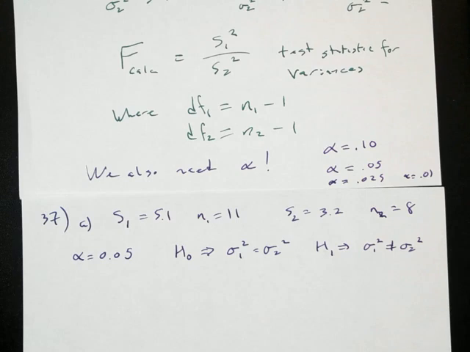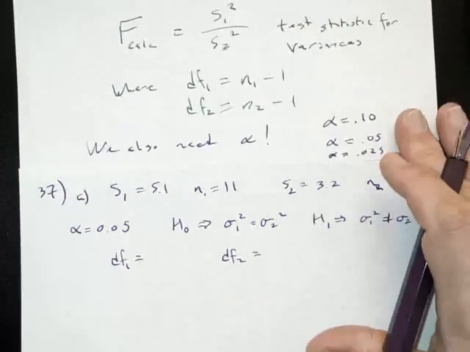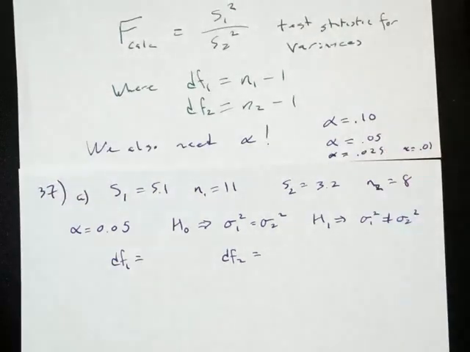The first thing I'm going to do is go to degrees of freedom, and I'm going to go to the table on the back of the book. So what is DF1? What is DF2? Aha.